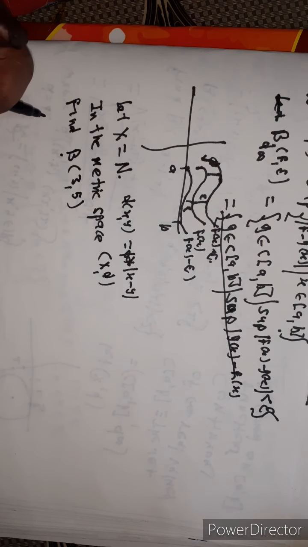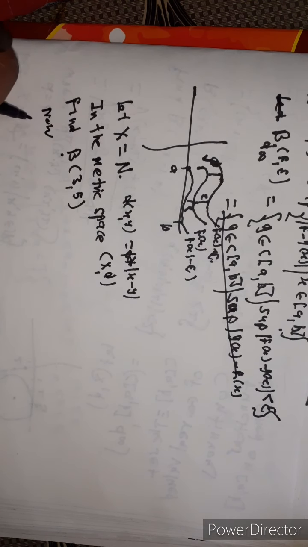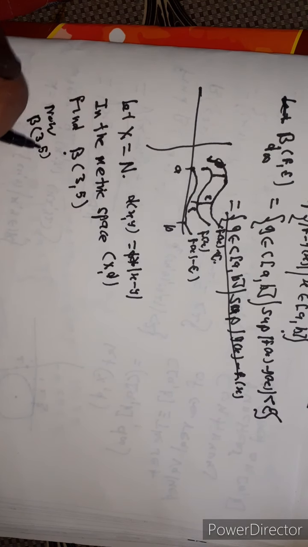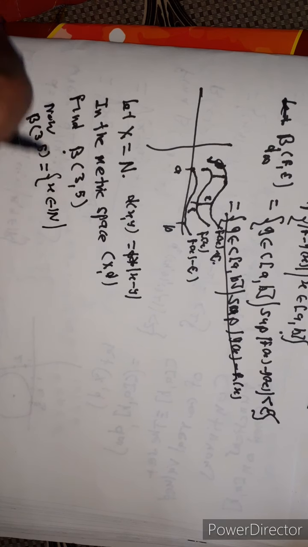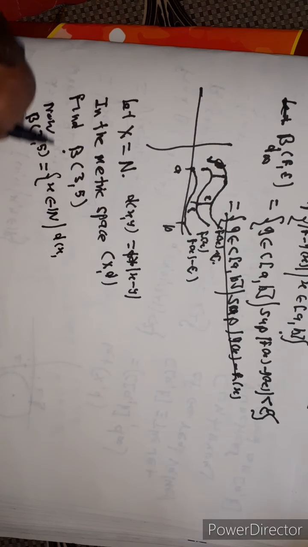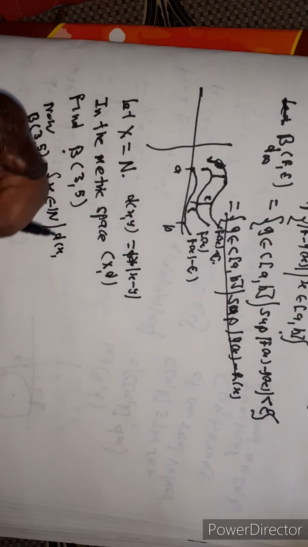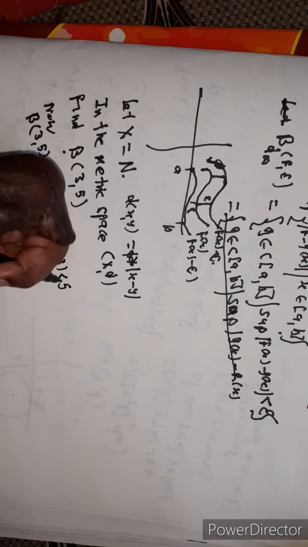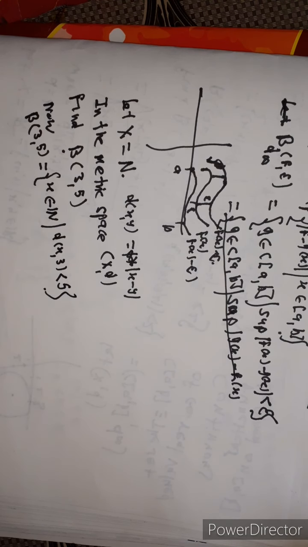Now see here, the ball centered at 3 and radius 5 is the set of x belonging to N, the set of natural numbers, such that the distance between x and 3 is less than 5. Now here X is N, the set of natural numbers, and the distance between x and y is equal to |x minus y|.